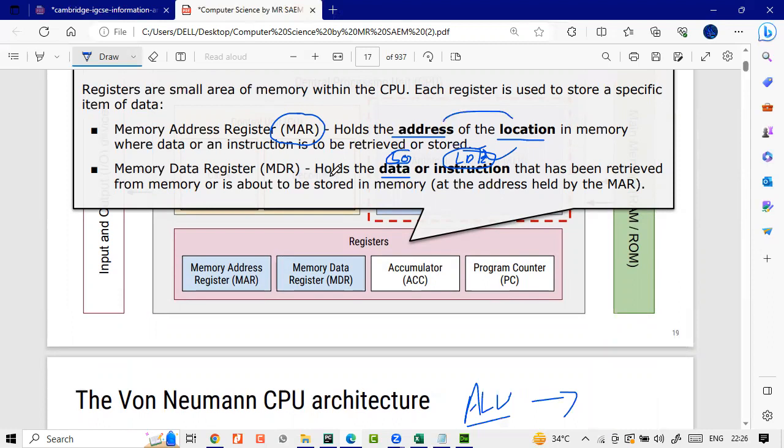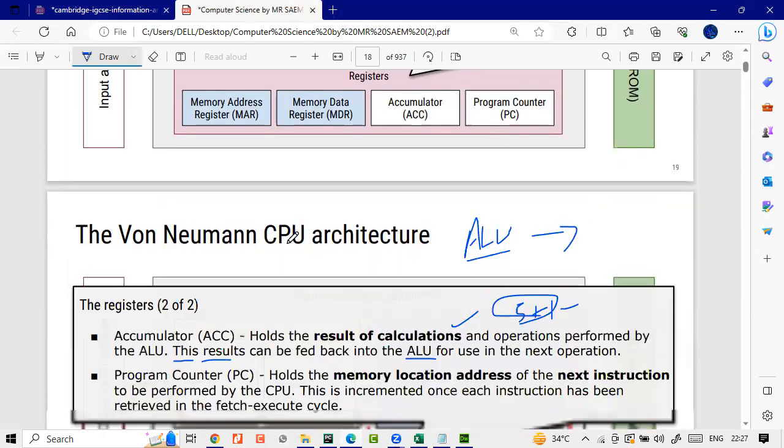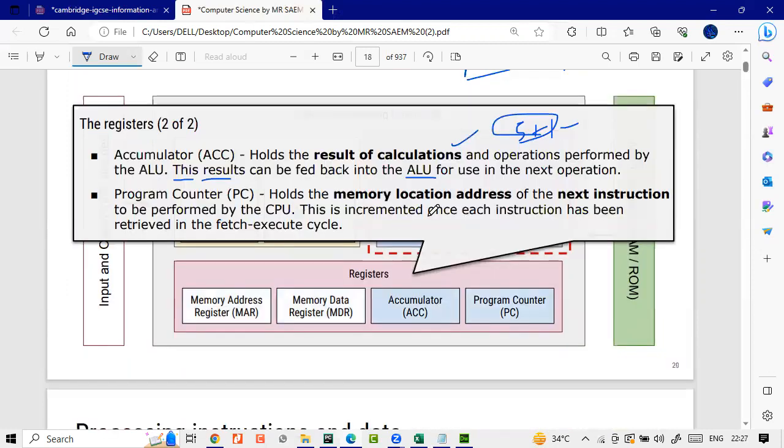You have the MDR that holds the data or the instructions that have been retrieved from the memory. What data was there? What instruction was there? Your accumulator holds the result of the calculation. You just did some calculation, it has to be stored somewhere. This temporary place where it's being stored, all these calculations go inside the accumulator.